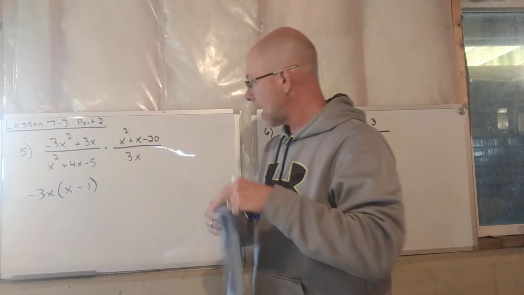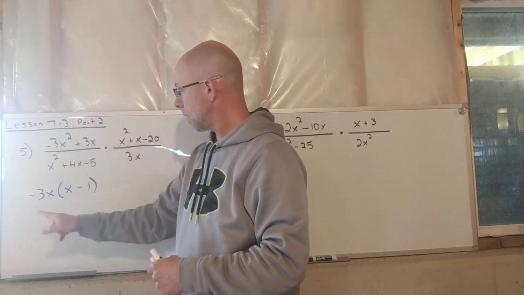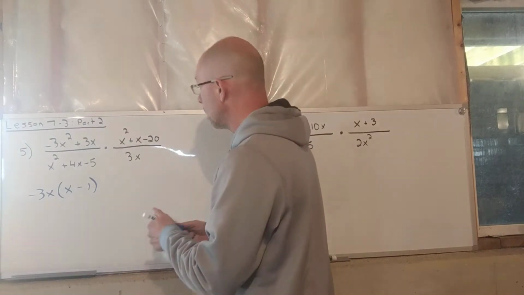Think about it: that times that would be negative 3x squared, and that times that, negative times negative would be plus. I almost messed up the sign there.